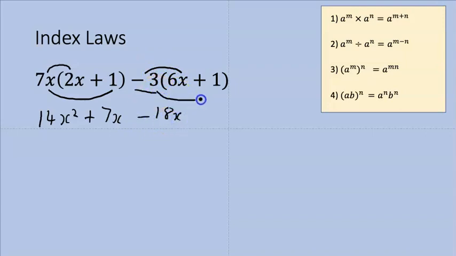Minus 3 times plus 1, that's minus 3. And then I just collect my terms up together. 14x squared, there's no other x squareds. Dash the x's, 7 take away 18 is minus 11x. And then minus 3 is just by itself. And that's all I need to do.